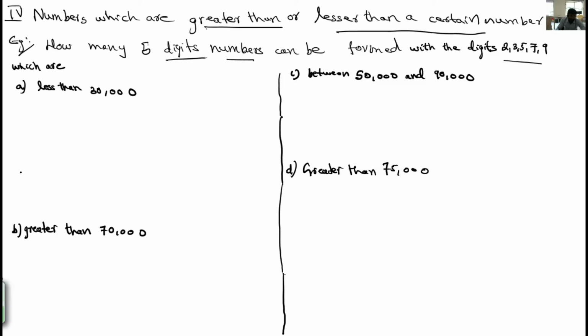Second case, greater than 70,000. Third case, between 50,000 and 90,000. Whatever number you take must lie between 50,000 and 90,000. Between, the meaning is clear, right? 50,000 is not included, 90,000 is not included. You need to take all the numbers between these two numbers. And the last case is greater than 75,000.